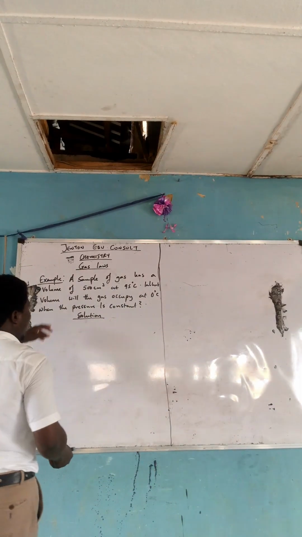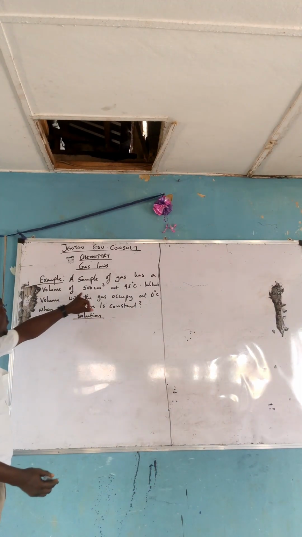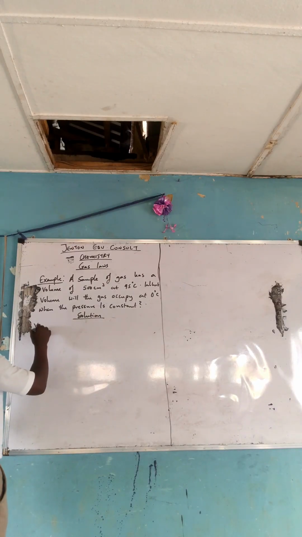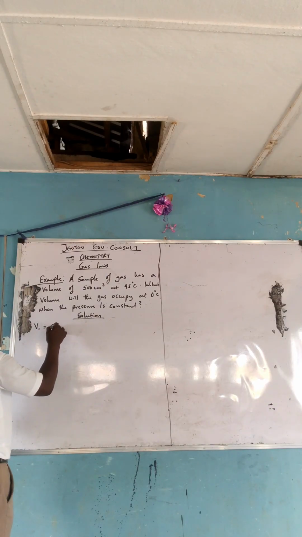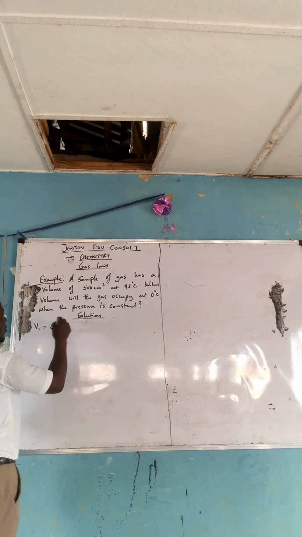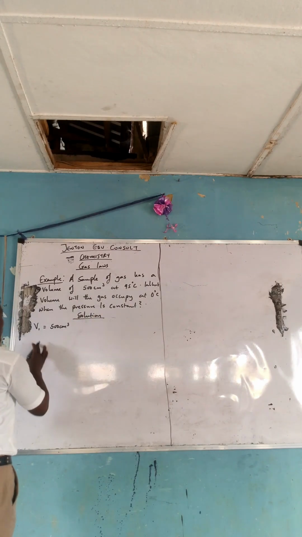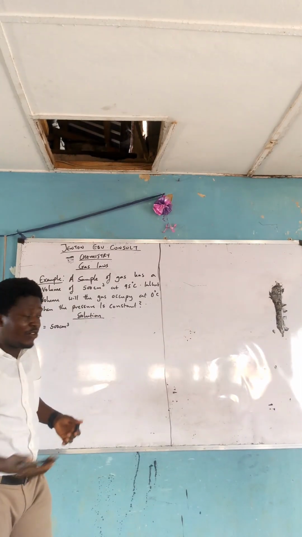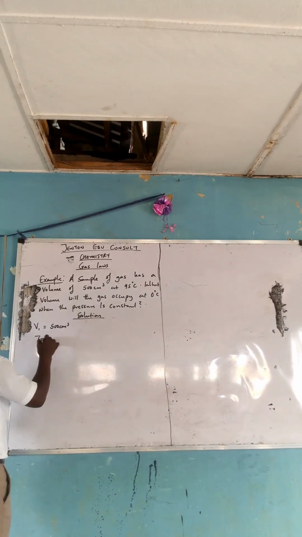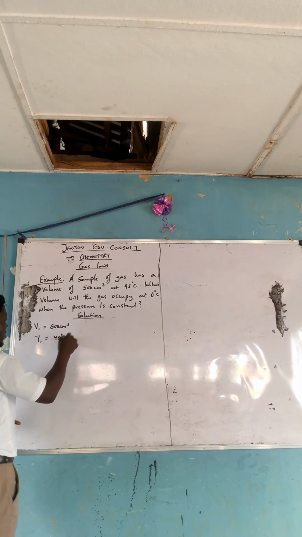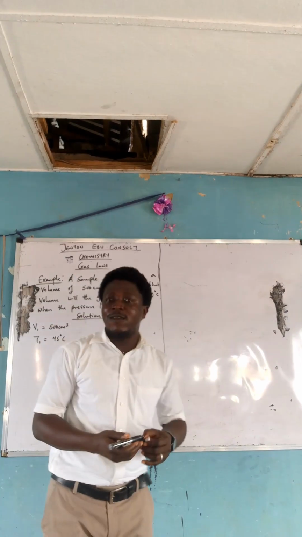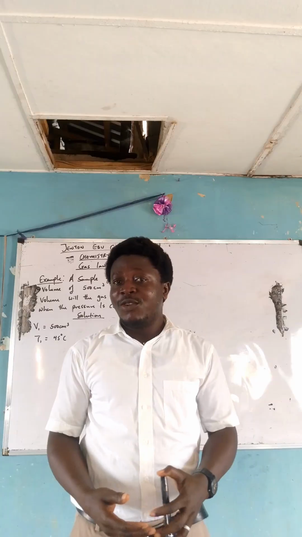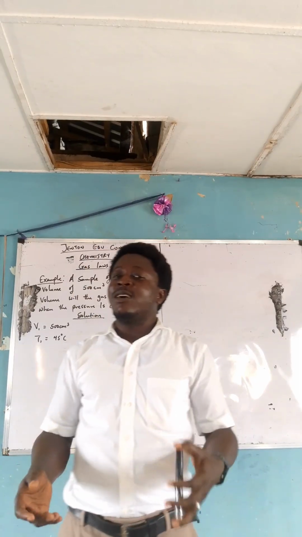We say, a sample of gas has a volume of 500 centimeter cube. That means a volume is given. Let's call it V1, 500 centimeter cube at 45 degrees Celsius. Degrees Celsius is a unit of measurement of temperature, which means my T1 is 45 degrees Celsius. Mind you, whenever you are dealing with gas laws, you always convert your temperature from degrees Celsius to Kelvin.